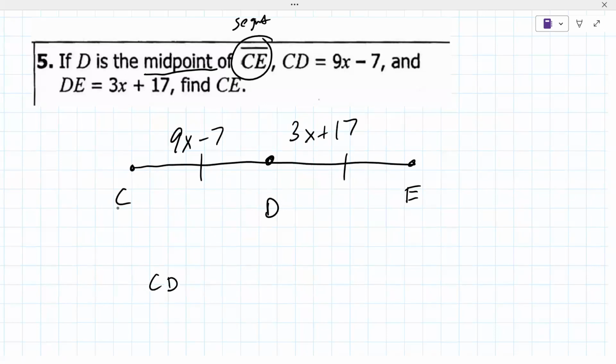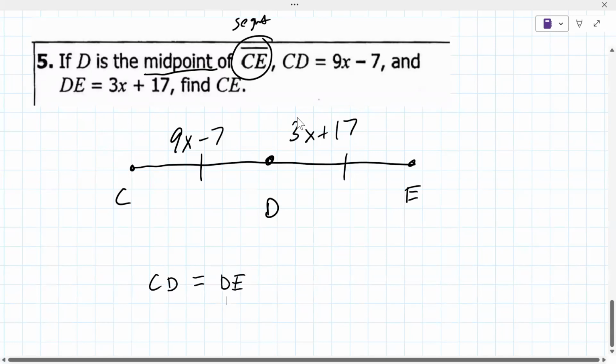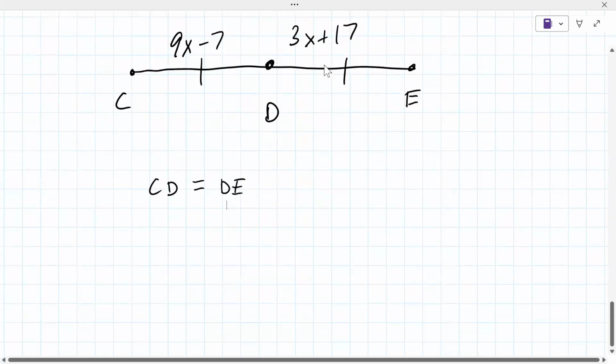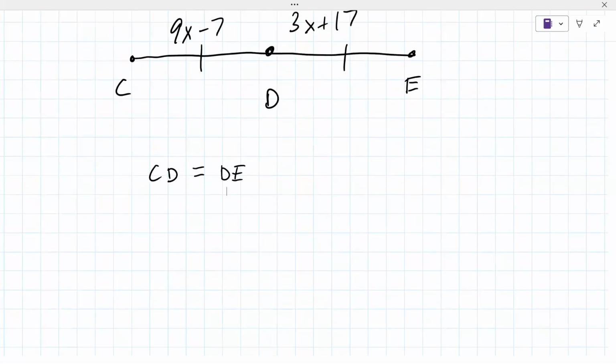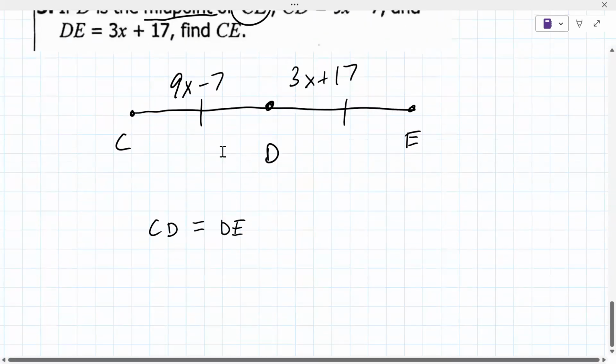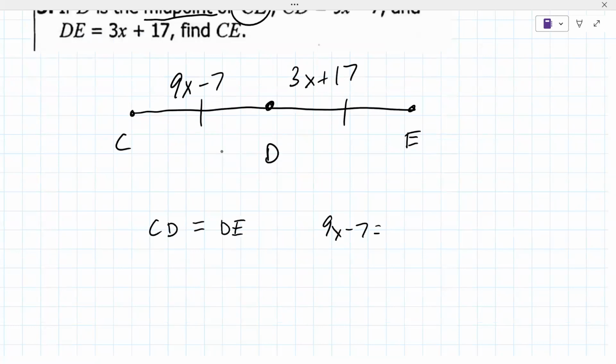We know that CD is equal to DE, which means that you can set these equations equal to each other and solve for x. So I'd like you to do that, please. I'd like you to set the equations equal and solve for x.